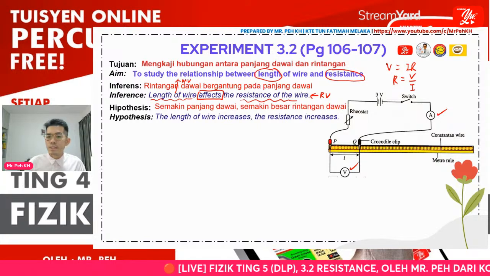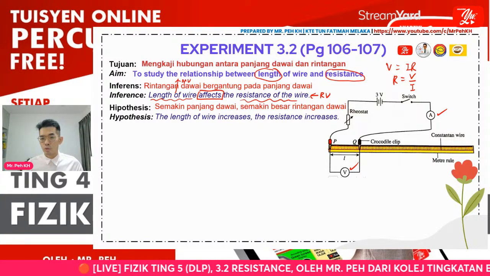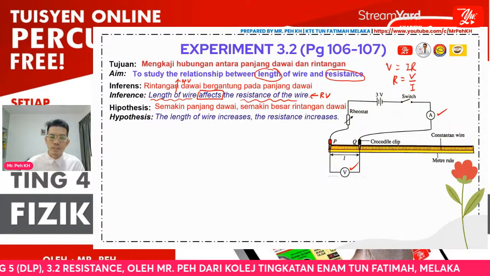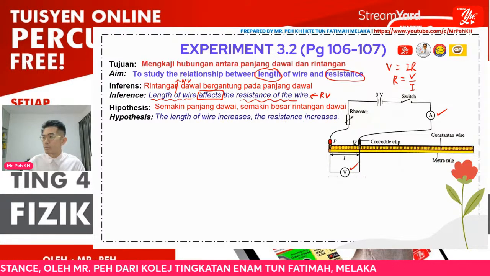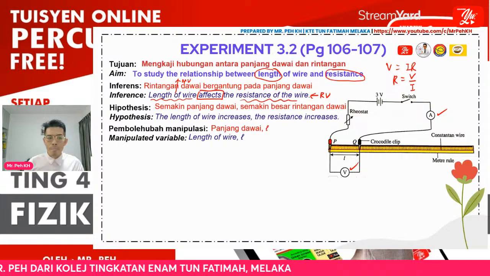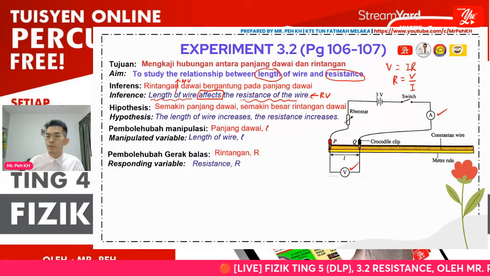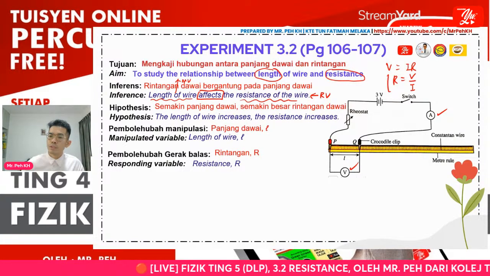Okay, for the hypothesis, we already went through the theory. When the length of the wire increases, we expect the resistance value to increase. The manipulated variable, as mentioned, is the length of wire. The responding variable is the resistance value, which you can get through this formula.